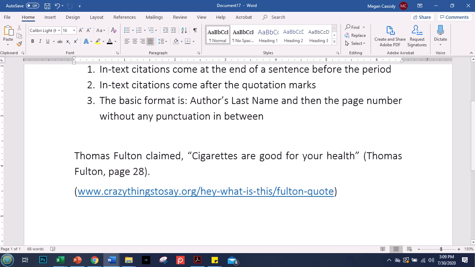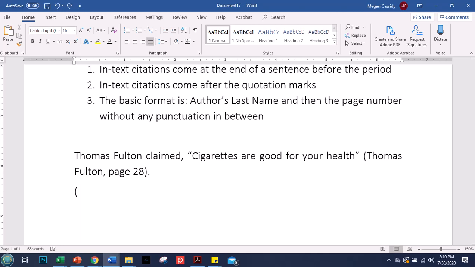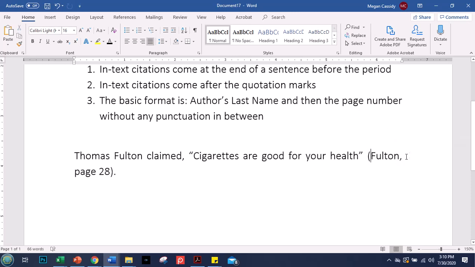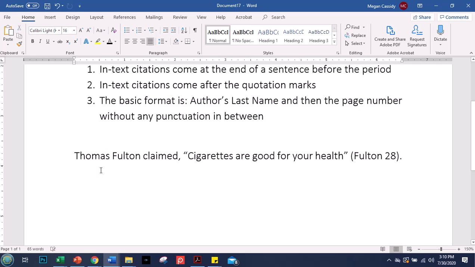And you don't want to have that. It's very messy. It's very confusing to read. So all you want to do, let's say we did use this quote from Thomas Fulton, we just have his last name, no comma, no page, no PG, nothing. That's it. Fulton 28. Okay.